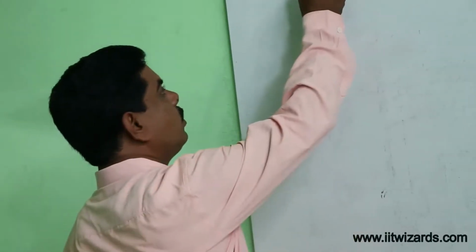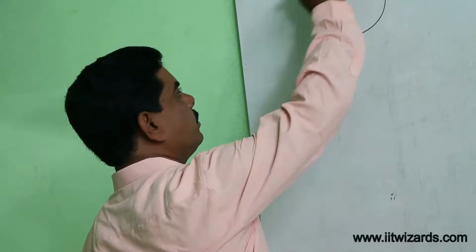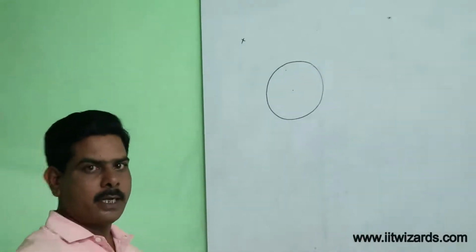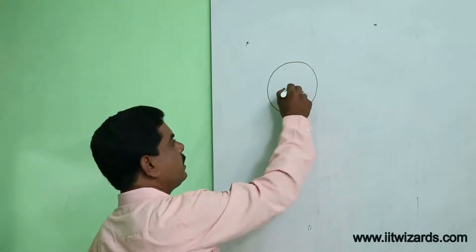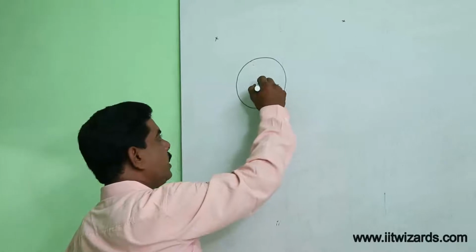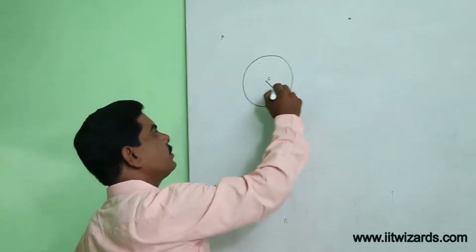So, this is a sphere, right? As you know, every sphere would have a center. That center is C. And the sphere also has a radius.